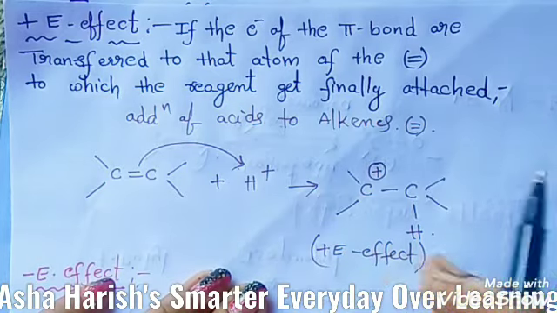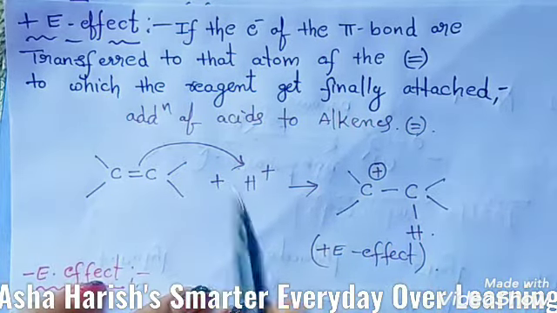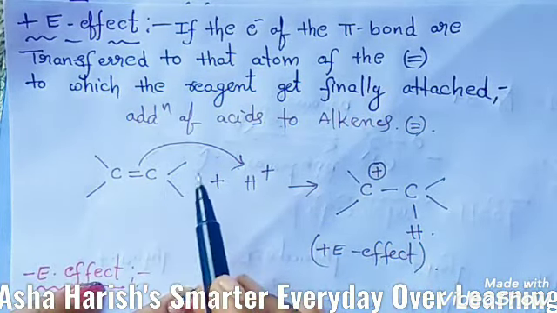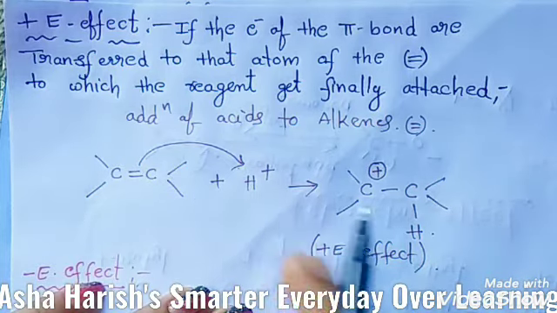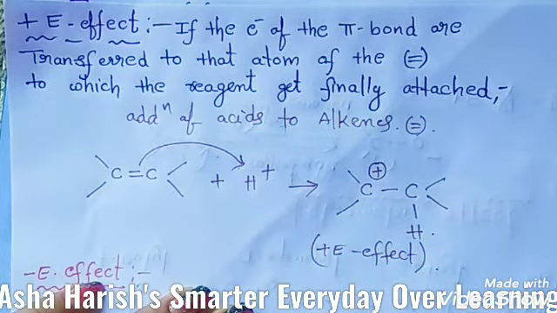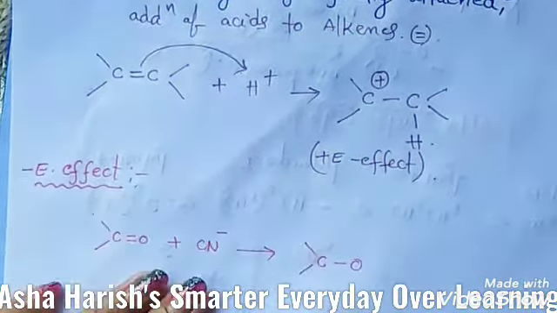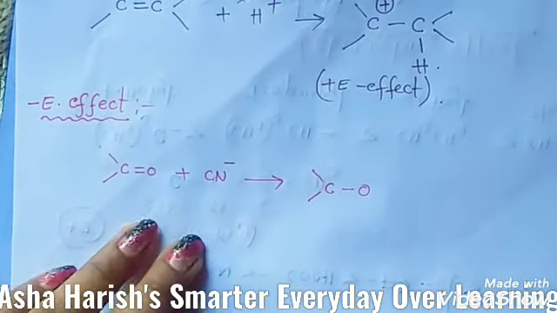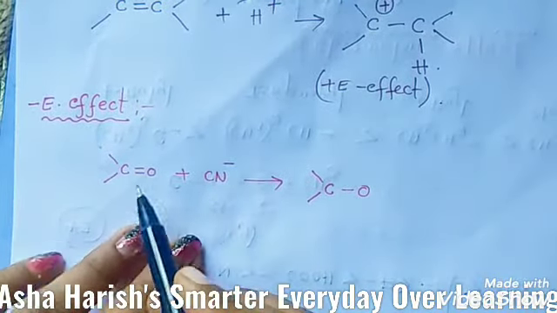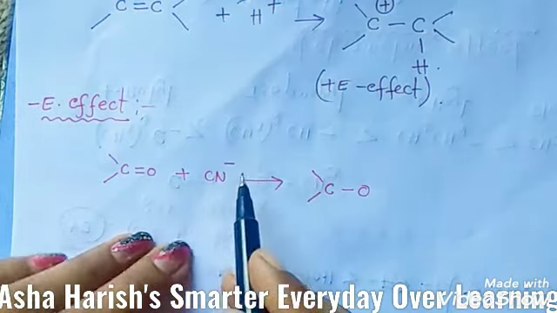Now for suppose on the other hand, the electrons of the double bond are transferred to the atom of the double bond other than the one to which the reagent gets finally attached, this effect is known as minus E effect. Let's see the example here. Here you can see C double bond O plus CN minus.